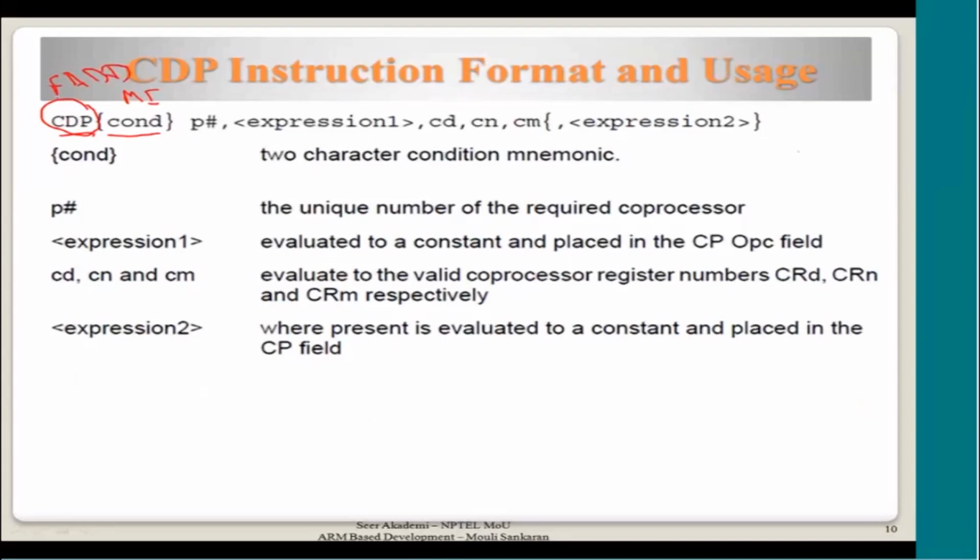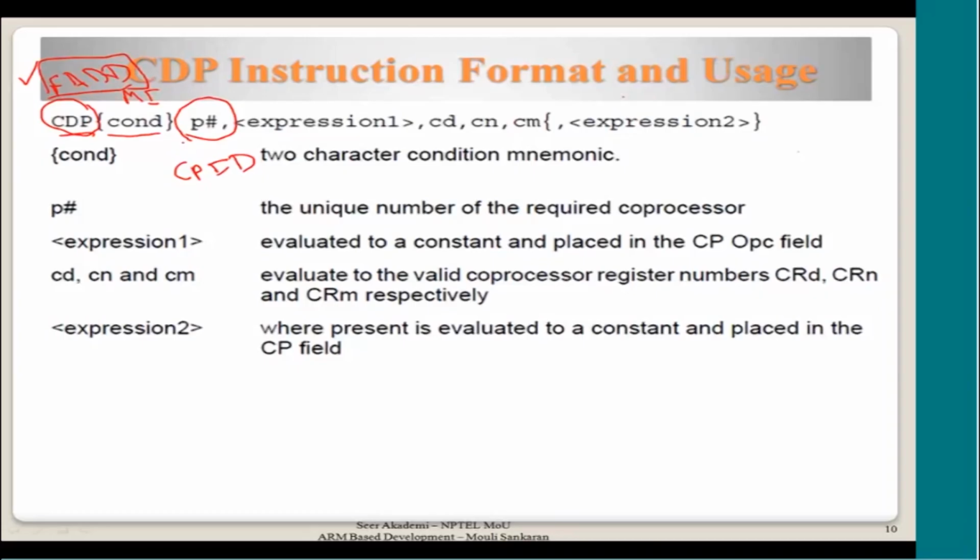These instructions are interpreted by the assembler, and it needs to have awareness of the coprocessor. If it has the awareness, you can put any instruction you want. It will generate the equivalent encoding for this particular coprocessor instruction, and the P hash has to be given. This is the coprocessor number, the coprocessor ID, which will go into that location which I mentioned, bits 8 to 11, I suppose, in the format.